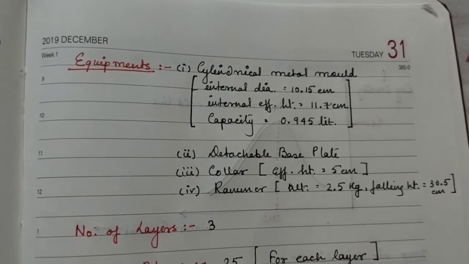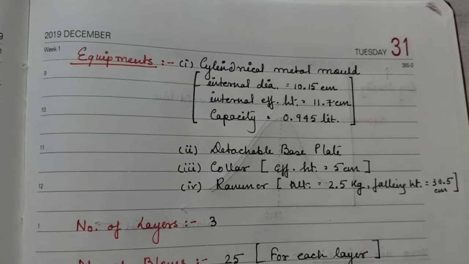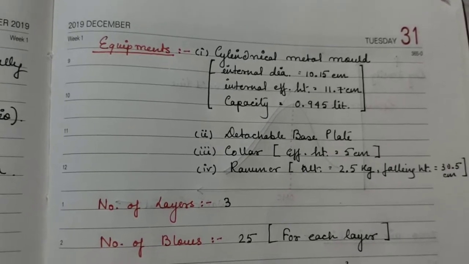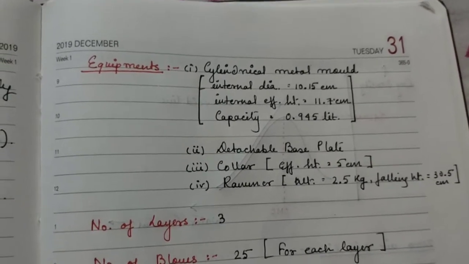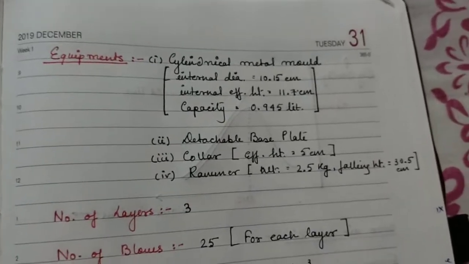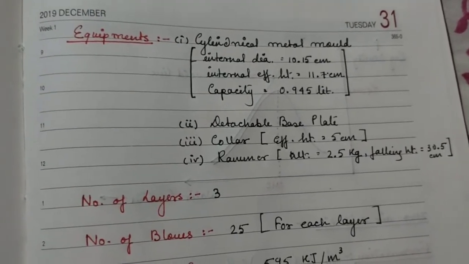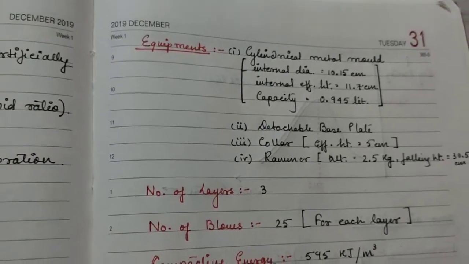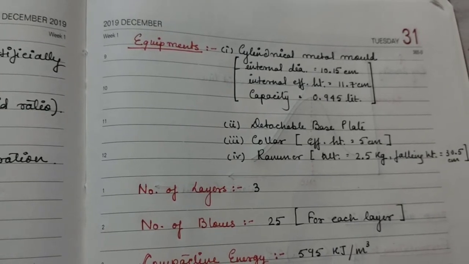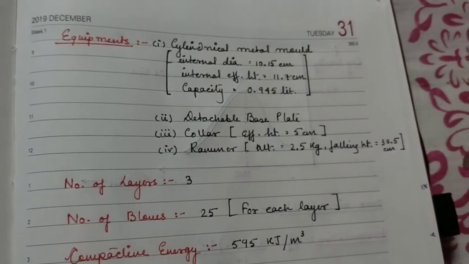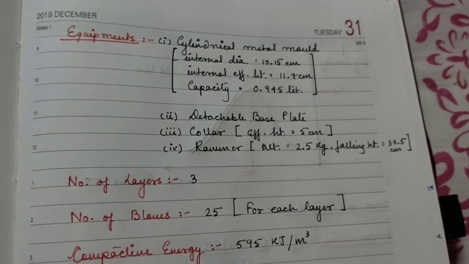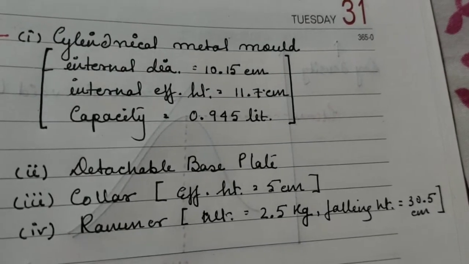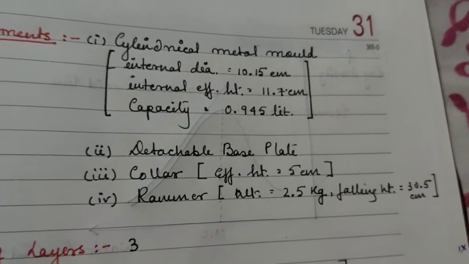The test equipment consists of a cylindrical metal mold having an internal diameter of 10.15 cm and an internal effective height of 11.7 cm, and a capacity of 0.945 liter. It also consists of a detachable base plate, a collar of 5 cm in effective height, and a rammer having weight 2.5 kg which falls through a height of 30.5 cm.